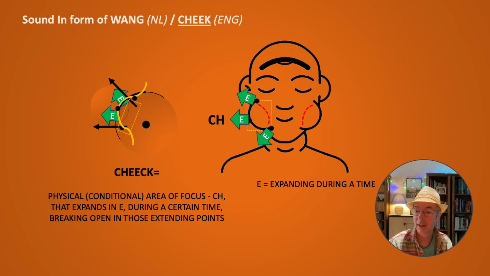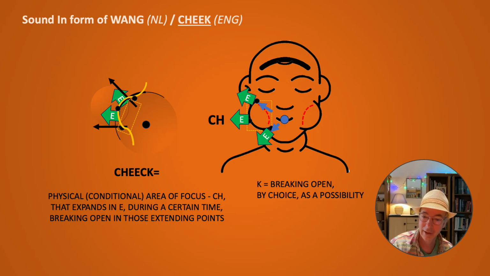It will be there during a certain time. It will also be the expansion at these points. And K is that breaking open from a conscious choice as a possibility, so as an uncertainty principle in a way. But you can do that by choice, and that is where the cheek will occur also in that contemporary area when these conditions are all met.